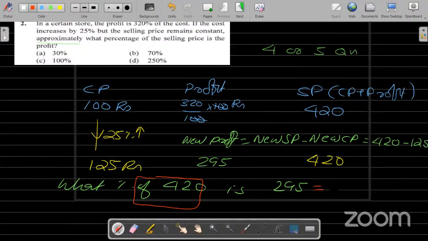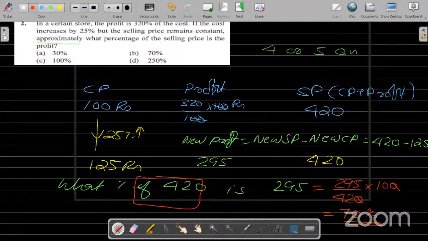So the number that comes immediately after 'of' is 420. 420 goes to the denominator and 295 is in the numerator. 295 by 420 into 100, which will be 2950 by 42. That will be approximately 70%, which is the answer. Hope it is clear to all.